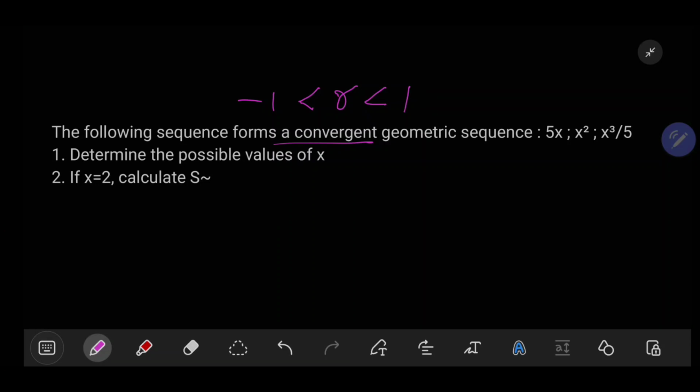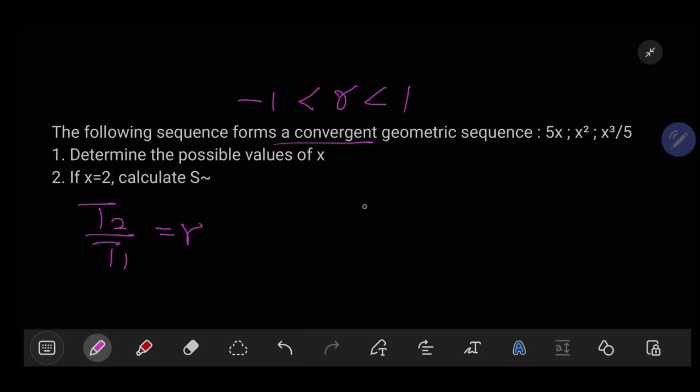Okay, so the first question says determine the possible values of x. Because we are given the first 3 terms of this series, to find the value of x we must say T2 divided by T1. This is how we are going to get the possible value of x. By doing this we are calculating the ratio, so r is equal to t2 divided by t1.